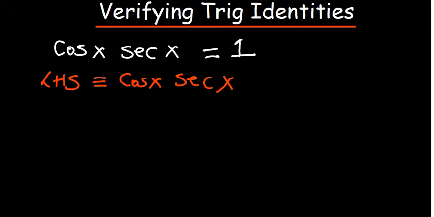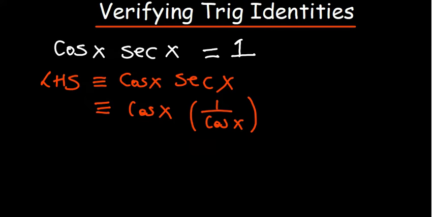And then the next step is usually to convert whatever is complicated to the cosine, the sine, and the tan. So in this case, we understand that we would have to convert sec, right? So that becomes identically equal to cosine of x. Now sec is what? Sec, we said, is 1 over cosine of x, if you remember from our previous video.